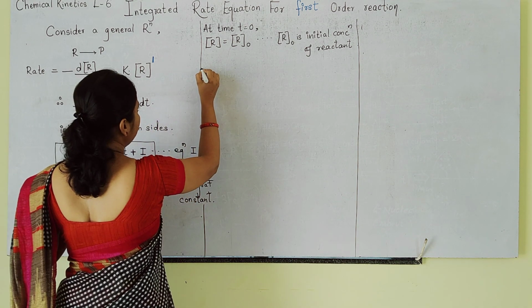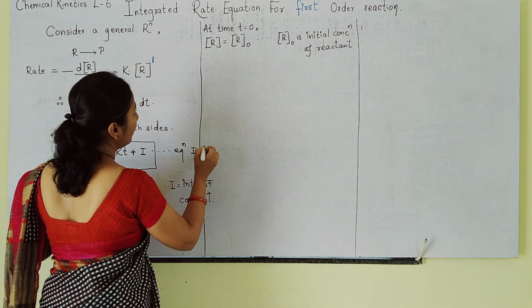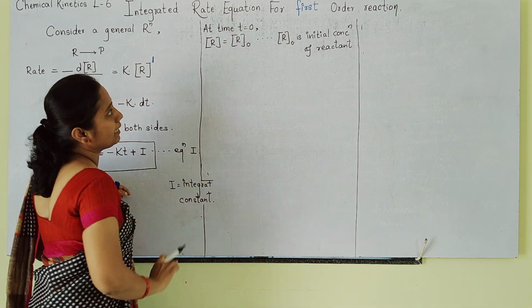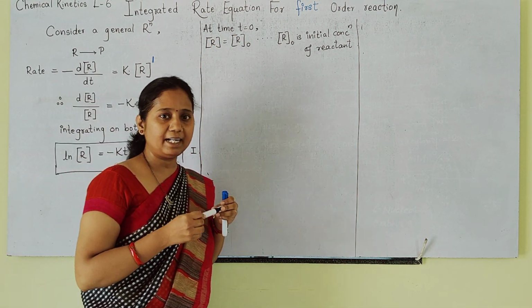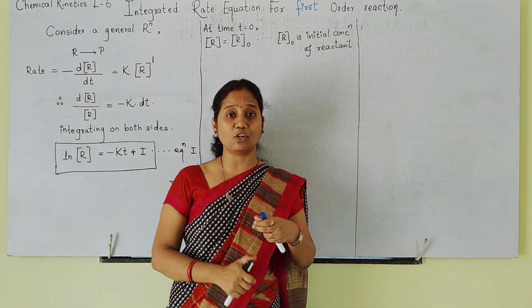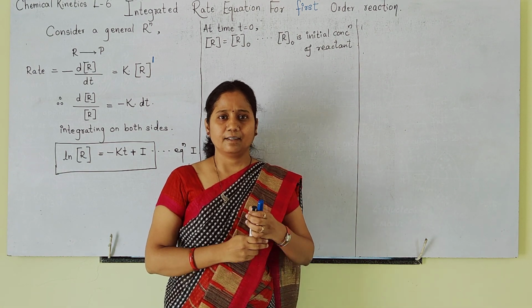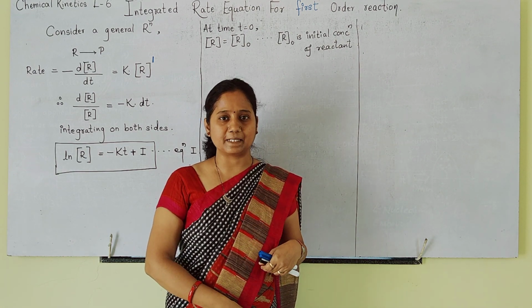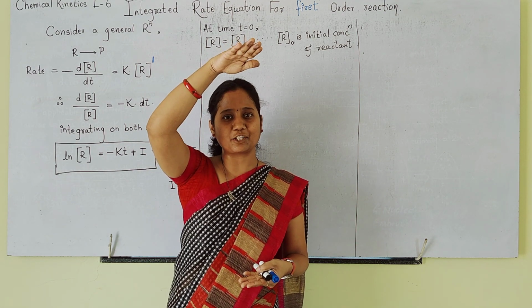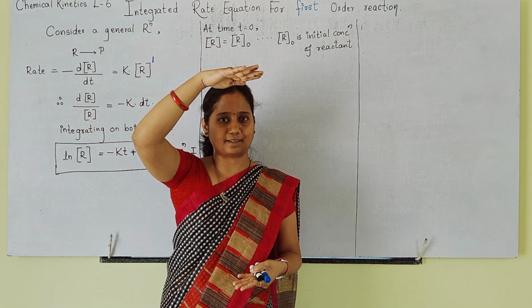For the second step, at time t is equal to 0, means when time is 0, when the reaction has not yet started, before the reaction proceeds, reactants are 100%.